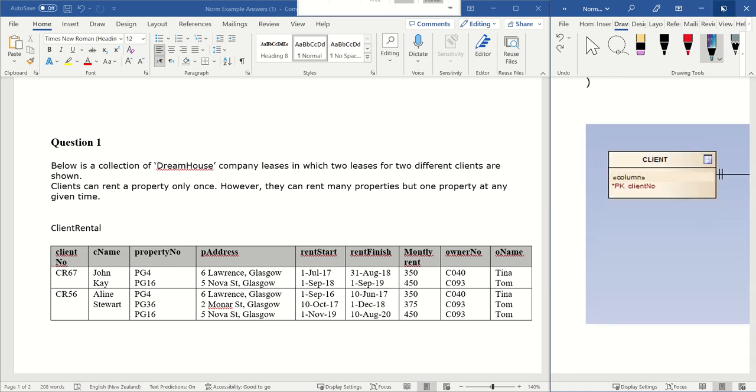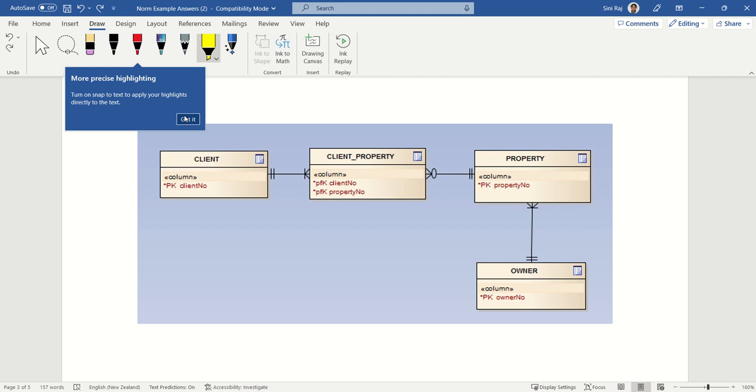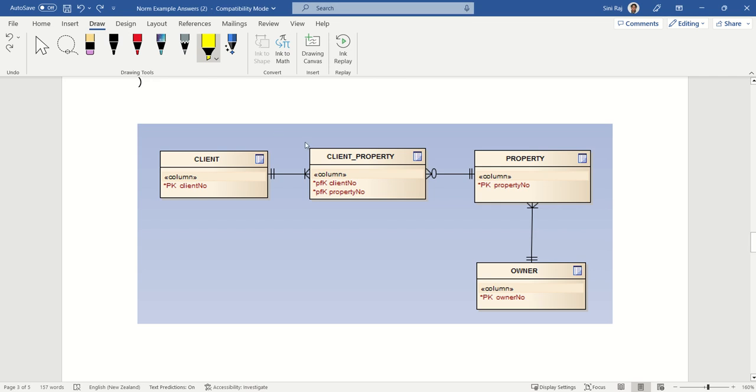Finally, in the output, you have client, property, and client property, which is the composite entity table, and now you have a normal FK dependency here, right? So this is what it is for the first problem.